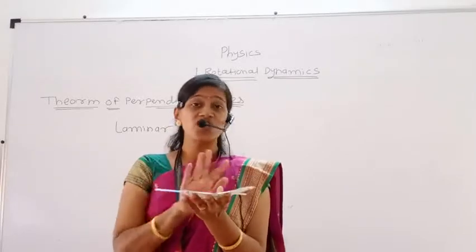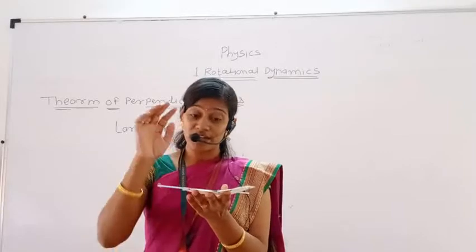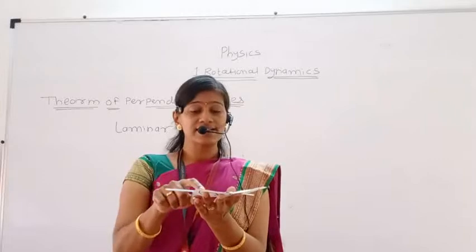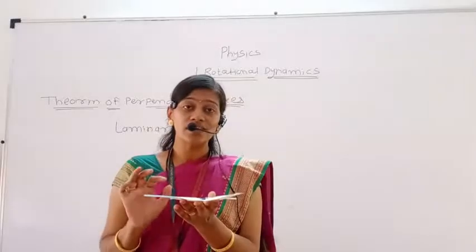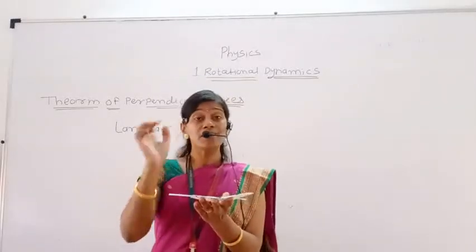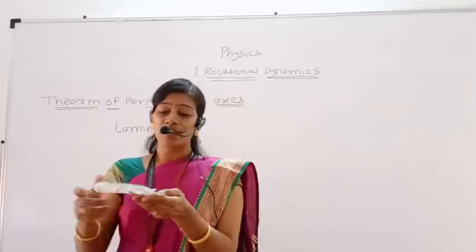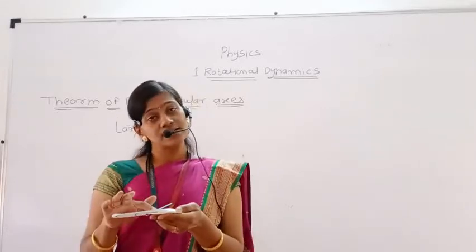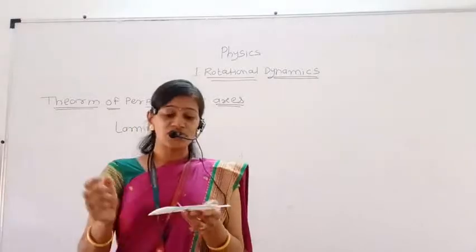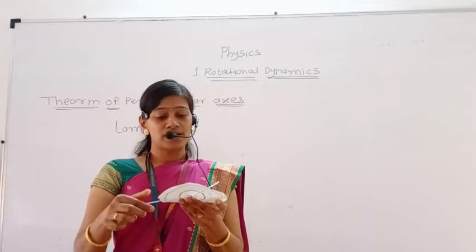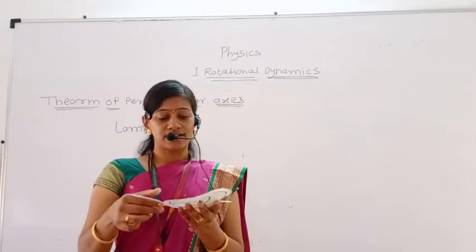This axis is not perpendicular to the plane, but this axis is present in the plane. यहाँ पे एक और axis है. This axis is also in the plane. It is not perpendicular. We can revolve the body like this.